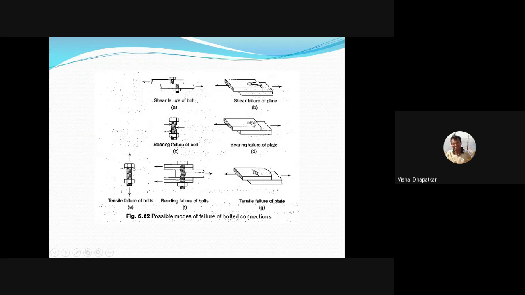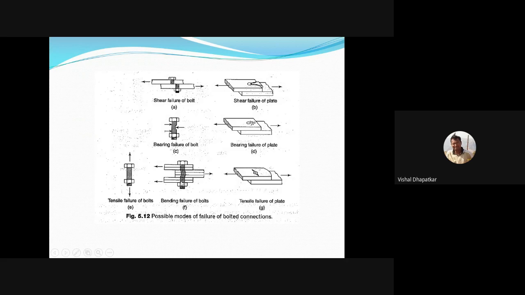Bearing failure of the plate: in this case, if the grade of the plate is weak as compared to the bolt, then plate edges are getting yielded compared to the bolt. This is tensile failure of the bolt, in which the bolts get elongated up to their yield strength, and after that they fail in tension. This is bending failure of the bolts.